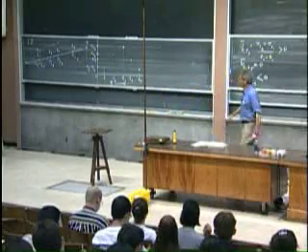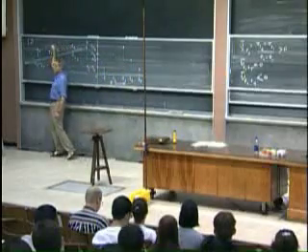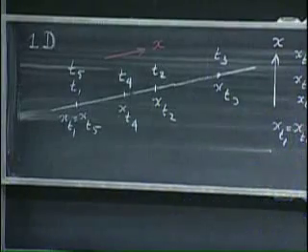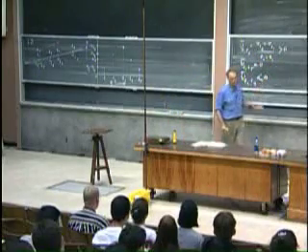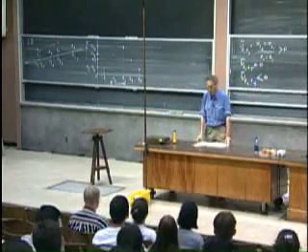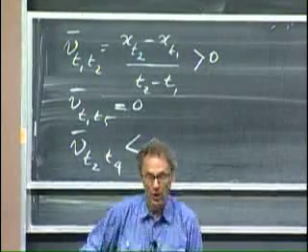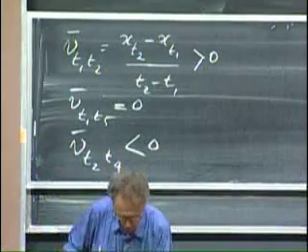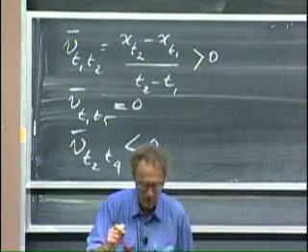However, if I had chosen this to be the direction of increasing x, then, of course, the signs would flip. Then this would have been negative, and this would have been positive. So the direction that you are free to choose determines the signs. The location where you put your 0 is not important, but signs in physics do matter.